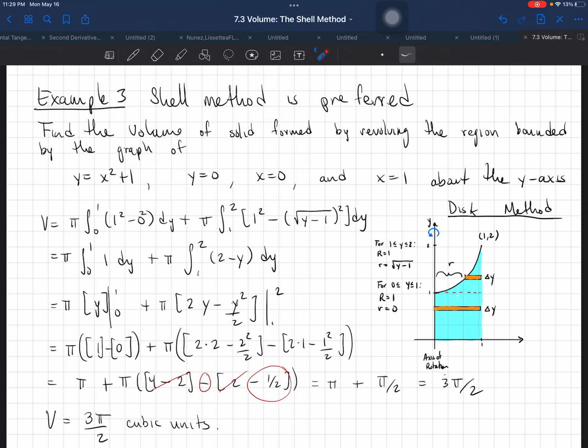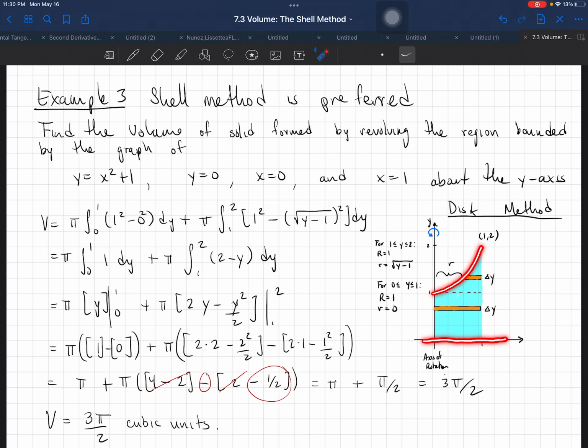So let's find the volume of the solid formed by revolving the region bounded by the graph. So we have our graph. The shaded region is bounded by y equals x squared plus 1 and y equals 0. So where's y equals x squared plus 1? This is your x squared plus 1. It's a parabola bounded by y equals 0.